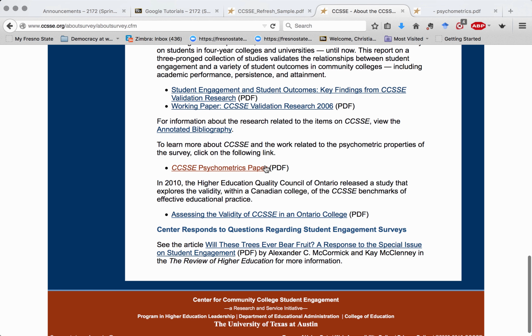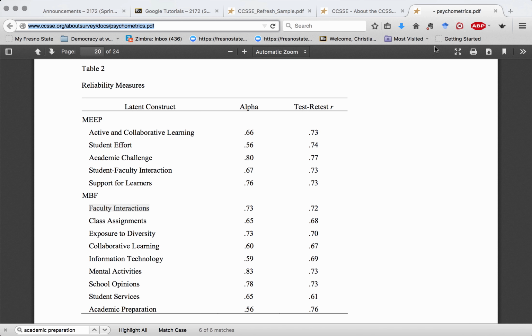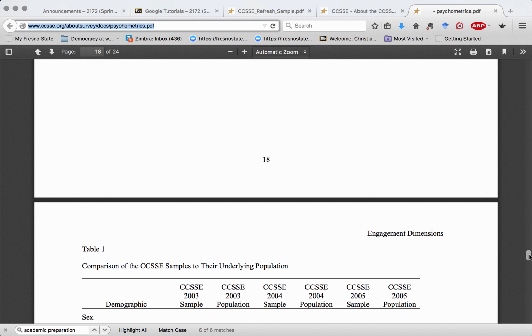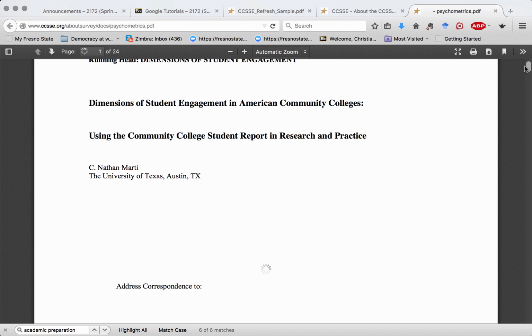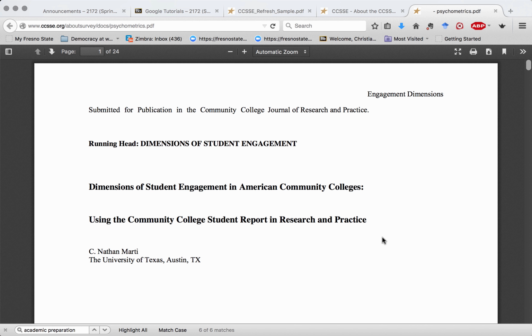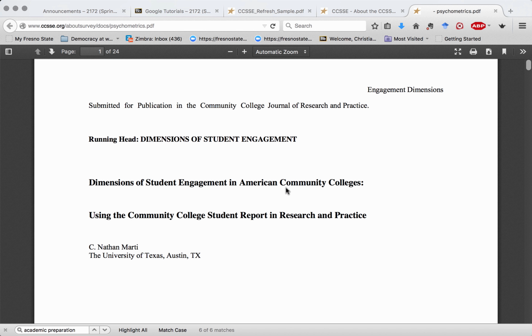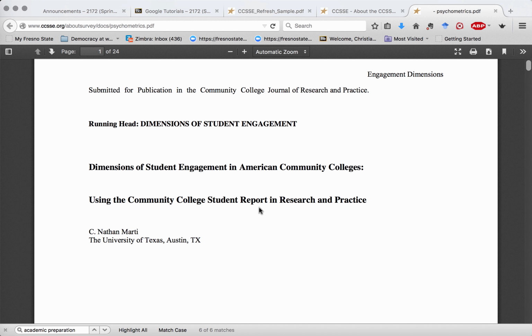But we're going to look at this here, the CCSSE psychometric paper. And when we click on this, we get to this paper here, which turns out to be exactly what we wanted. Dimensions of student engagement in American community colleges, using the Community College Student Report, in Research and Practice. Okay.